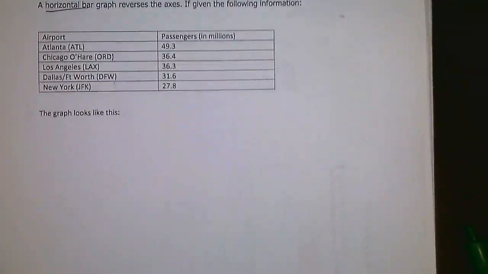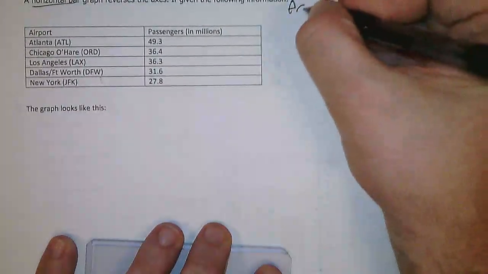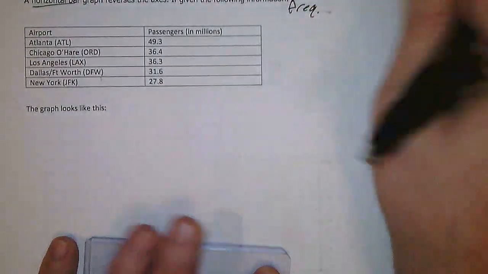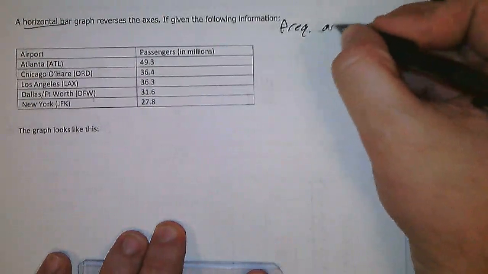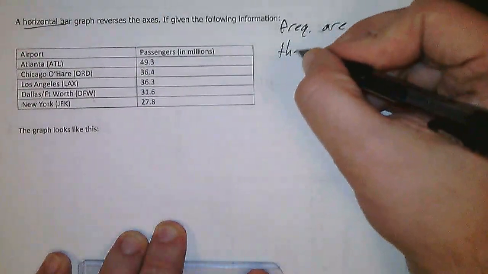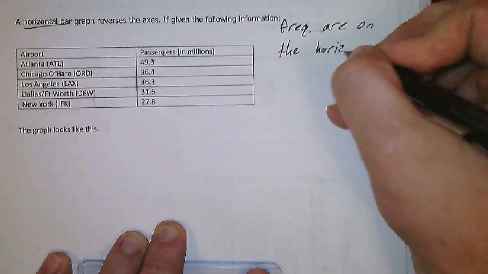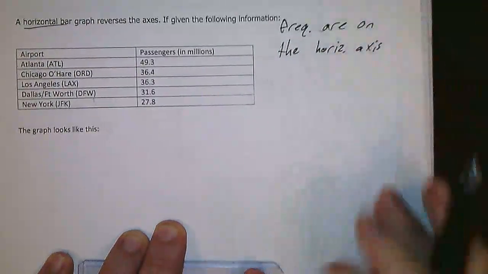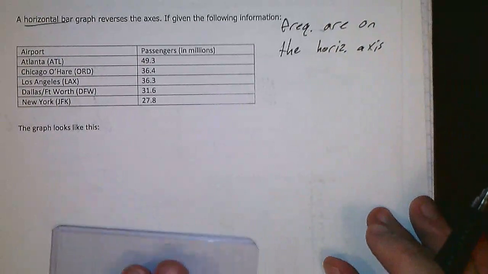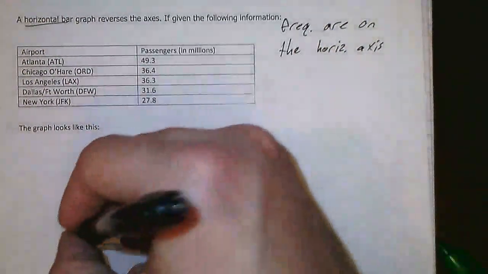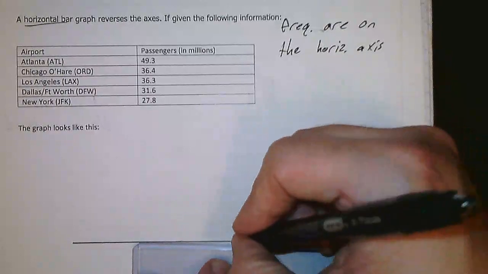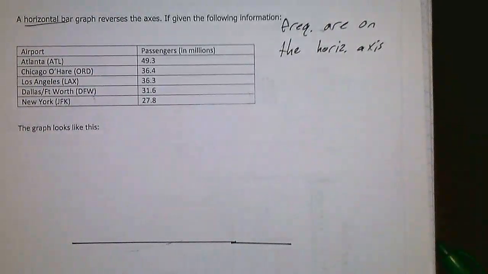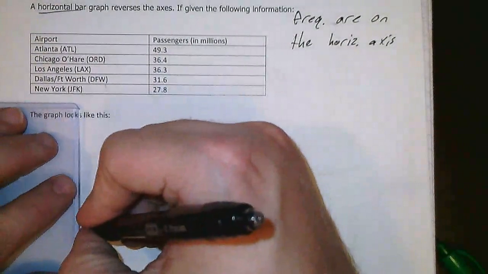So now, in a horizontal bar graph, my frequencies are on the horizontal axis. That is the change here. So my horizontal axis, and I have a vertical axis.